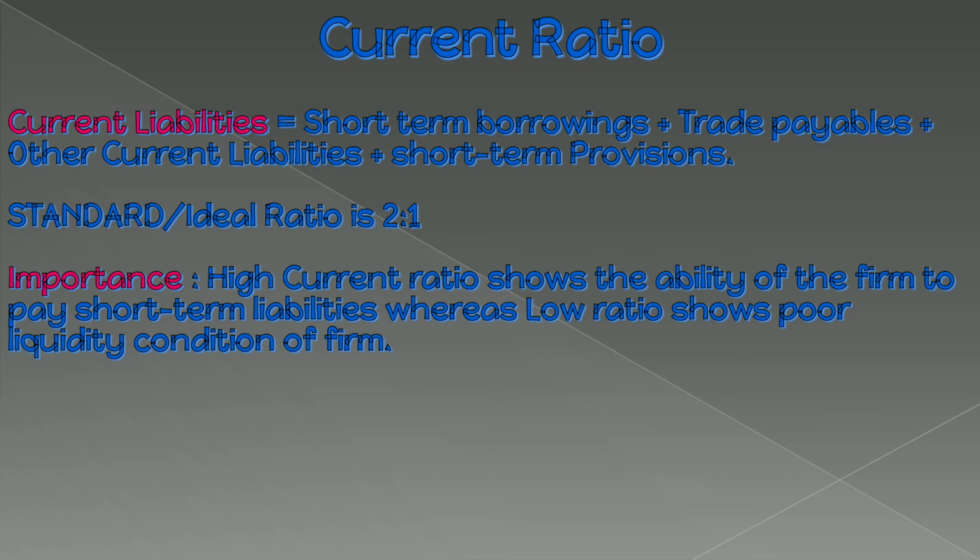It means you will not be able to pay your current liabilities. If it is higher, you can easily pay your current liabilities. So this is the indicator of the ability to meet the current liabilities. Is it clear to all? Okay.